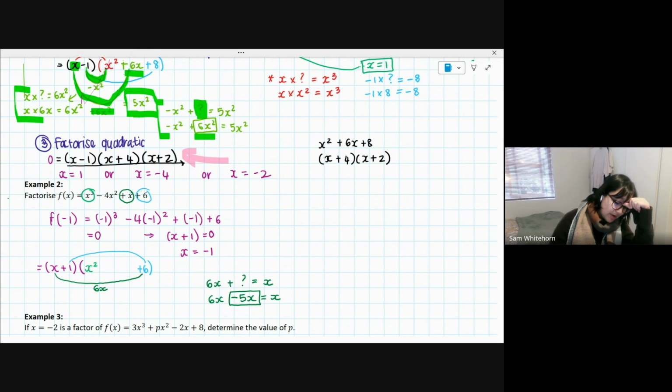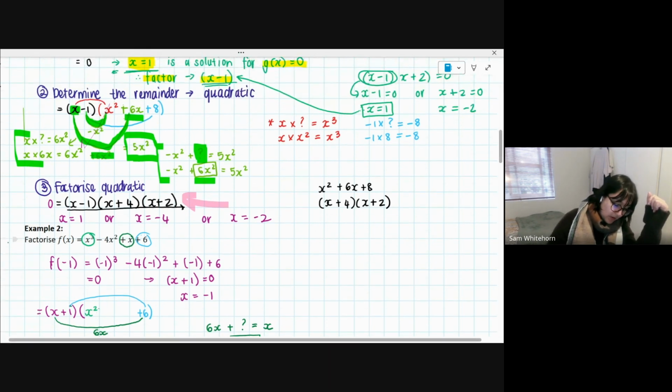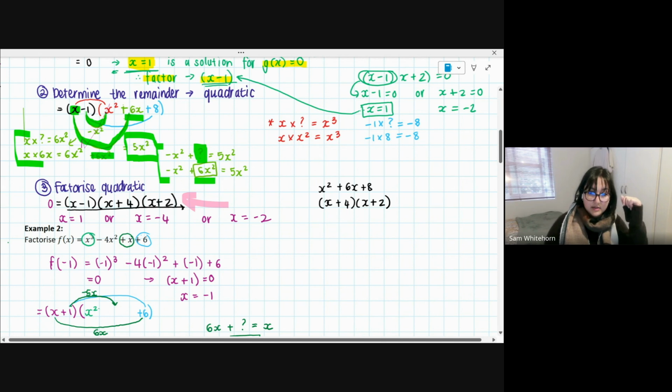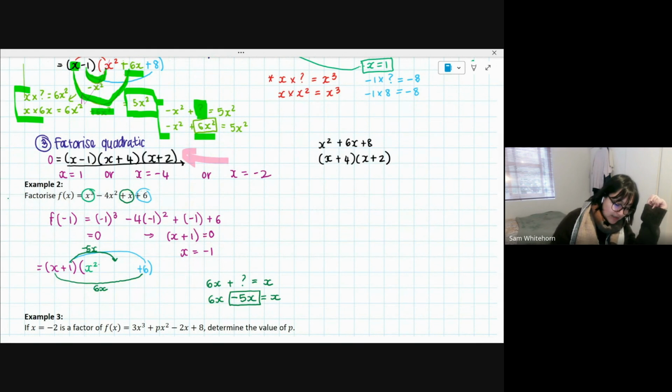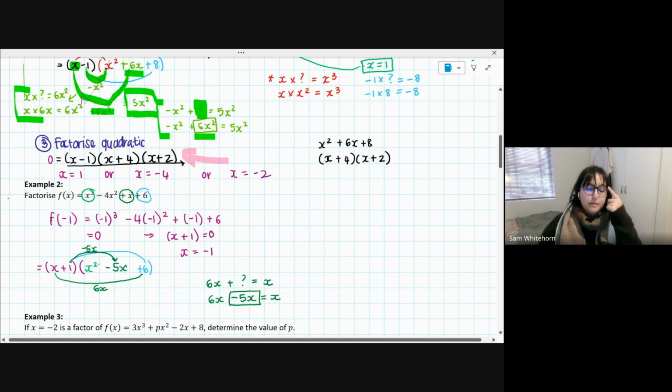Now I need to bear in mind that 1 times whatever my middle term is, I must get negative 5x, because negative 5x plus 6x will give me the x term. So that means 1 times negative 5x will be my middle term, and that will then take me to my cubic.